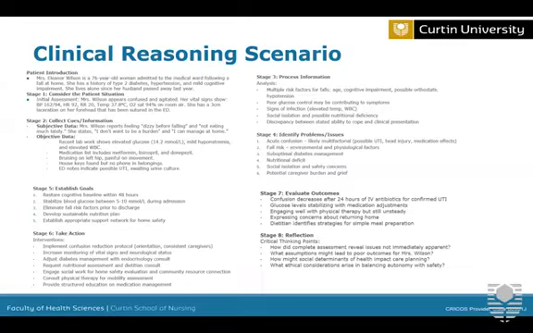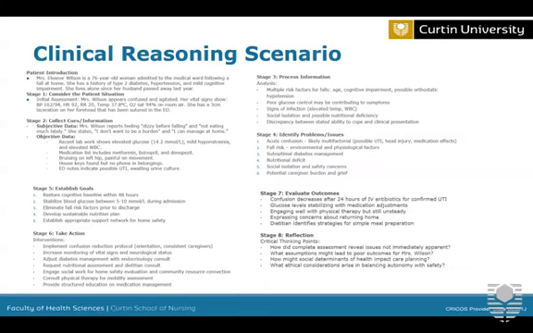So put the video lecture capture on pause, and read through the clinical reasoning scenario so that you can apply some of the key questions that will relate with the next slide.